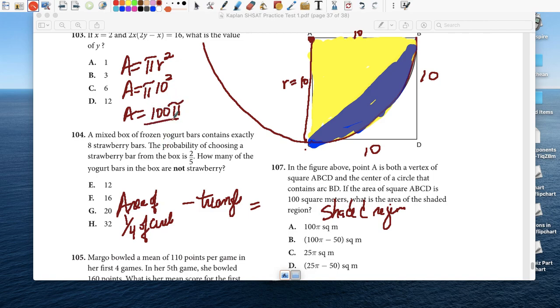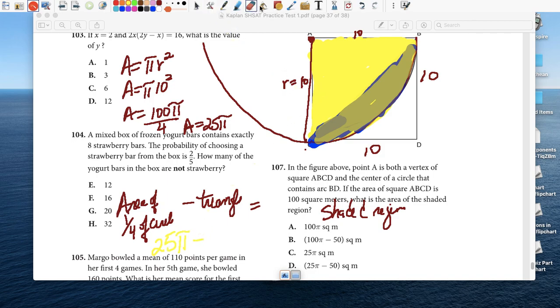We're going to divide that by 4 because we're not interested in the full circle, we're just using the quarter. The area is 25 pi units squared. Let's forget the units for now. So the area of this quarter circle is 25 pi.